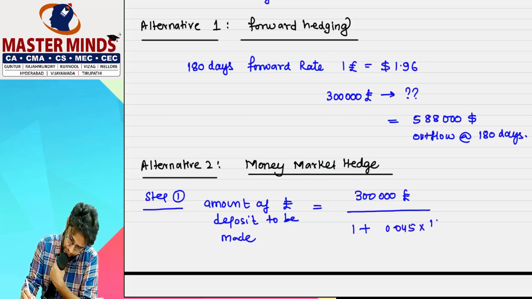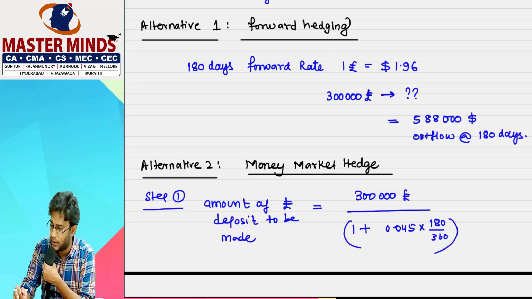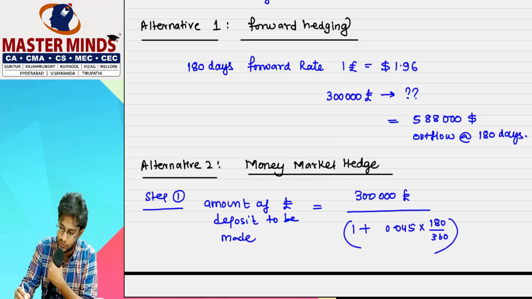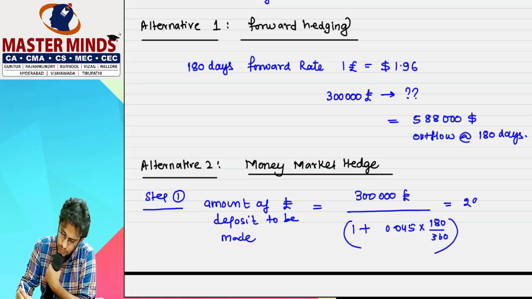0.045. So today how much I should deposit so that it will become 3 lakh pounds at the end of 6 months. So sort out this. 399 pounds.